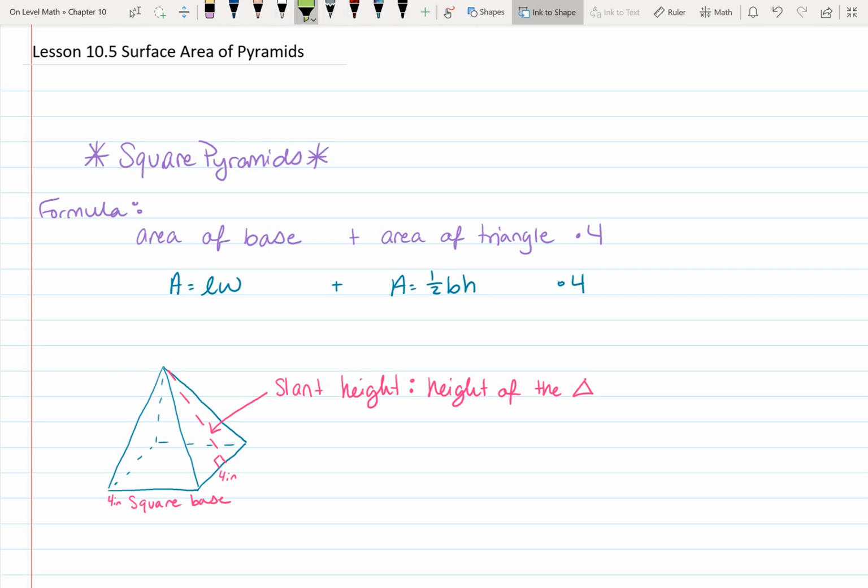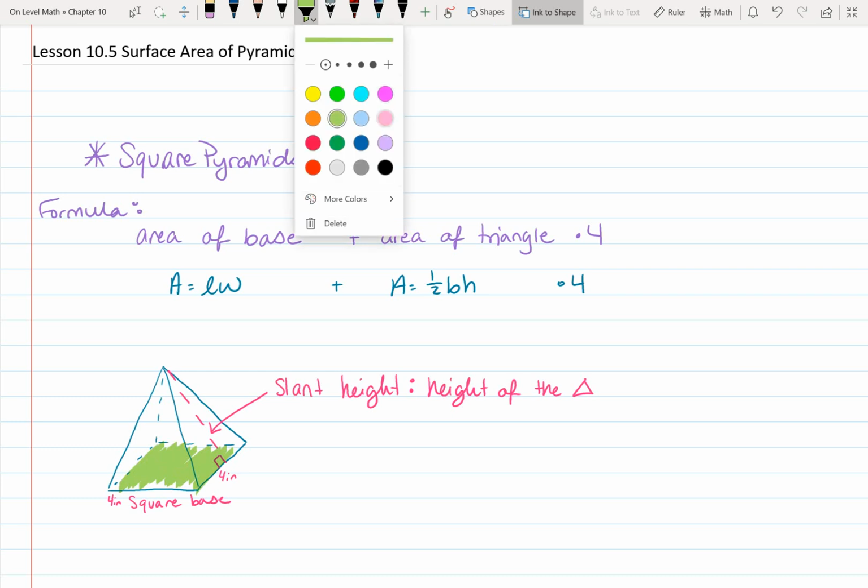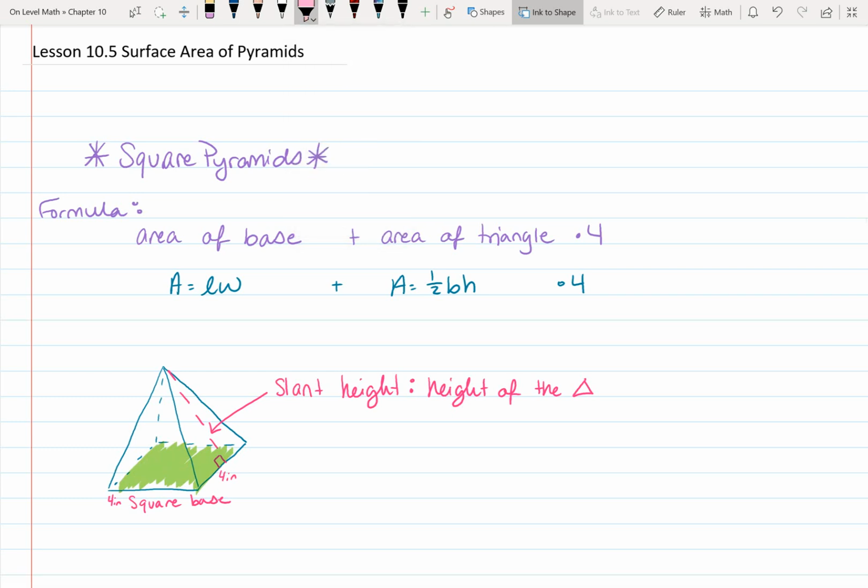The base is this square. Then we've got to find the area of the triangle, and the triangle is that side. So this side triangle, we've got to multiply by 4, because we've got 4 sides that come up to that single point.